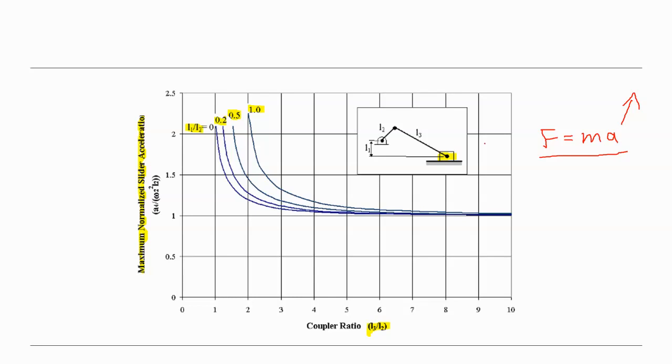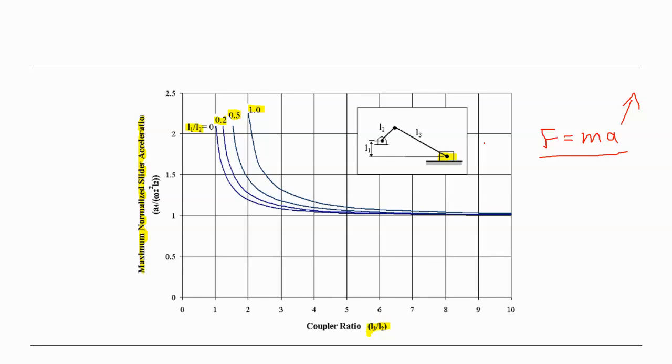So if we design a 4-bar mechanism, let's assume an inline slider crank, or offset slider crank, or general 4-bar mechanism, you have to consider that you will have acceleration during the motion, and acceleration means unbalanced force.